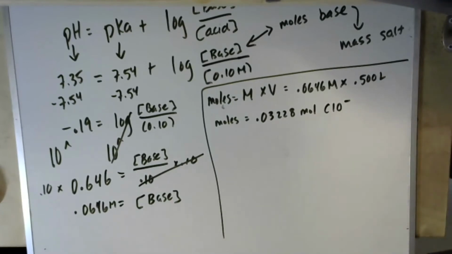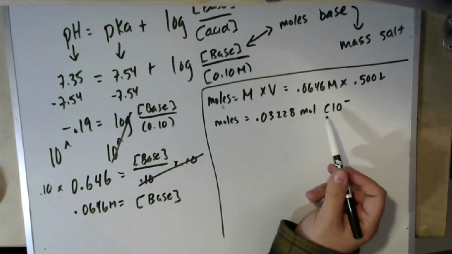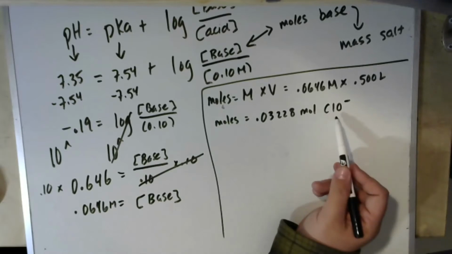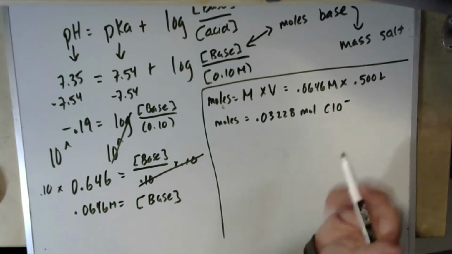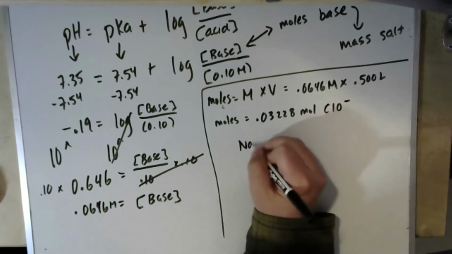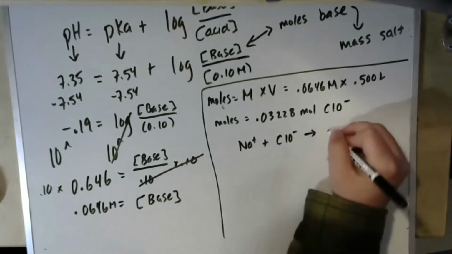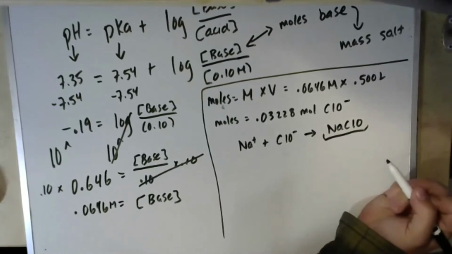Now they want to know what the mass of the sodium salt is that you would need to add to get this amount of base back out. Okay, so look at the formula for the sodium salt of this. If I wanted to make the sodium salt of the hypochlorite ion, I'm going to add Na plus to it. Okay, so this is the sodium salt.